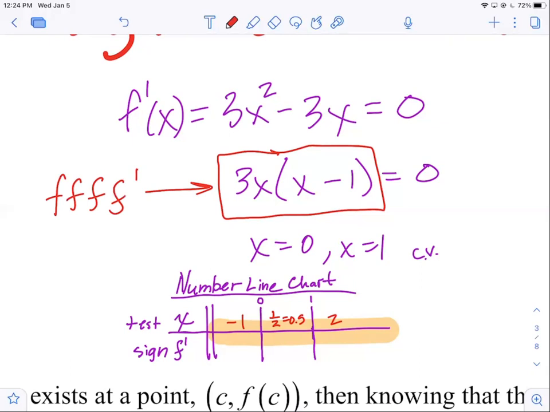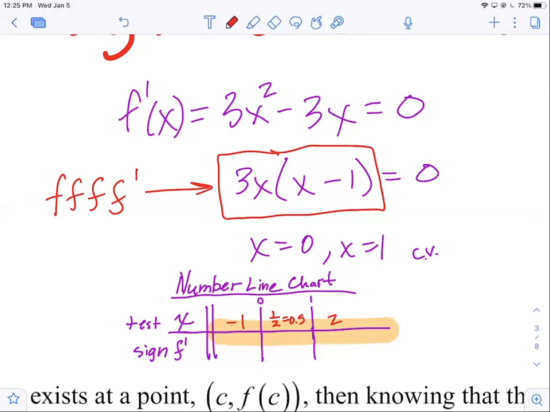You don't want to actually go through the algebra because you want it to be fully intact. If you divided by 3, it wouldn't be a problem. But what if that were a -3 and you divided both sides by -3 and now it's gone? You want to always plug back into a fully intact factored version of f prime if you can.